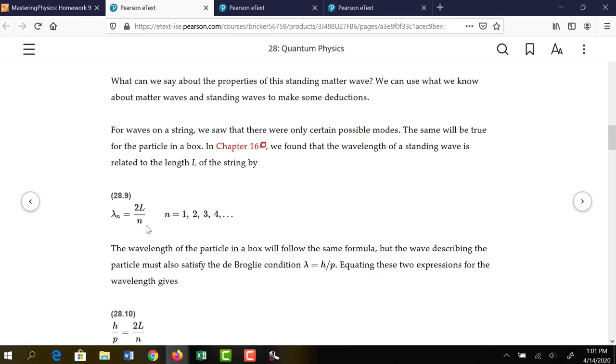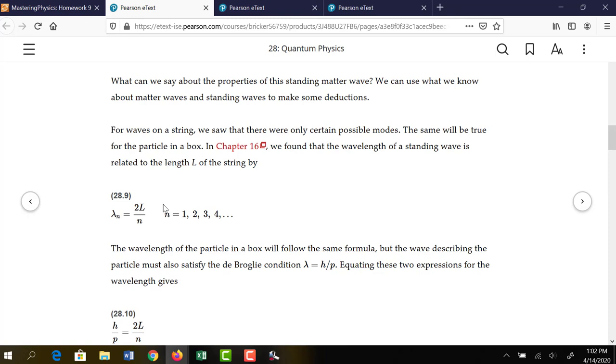So if you have a particle trapped in a box, it can only have certain wavelengths. This describes the wavelengths. And now we know from the de Broglie relationship, if you have certain wavelengths, then each wavelength goes along with a certain amount of energy. So there's only certain wavelengths that are allowed: 2L over n, so 2L divided by 1, that would be the fundamental frequency idea we did before, 2L over 2, 2L over 3, those are the only allowed wavelengths.